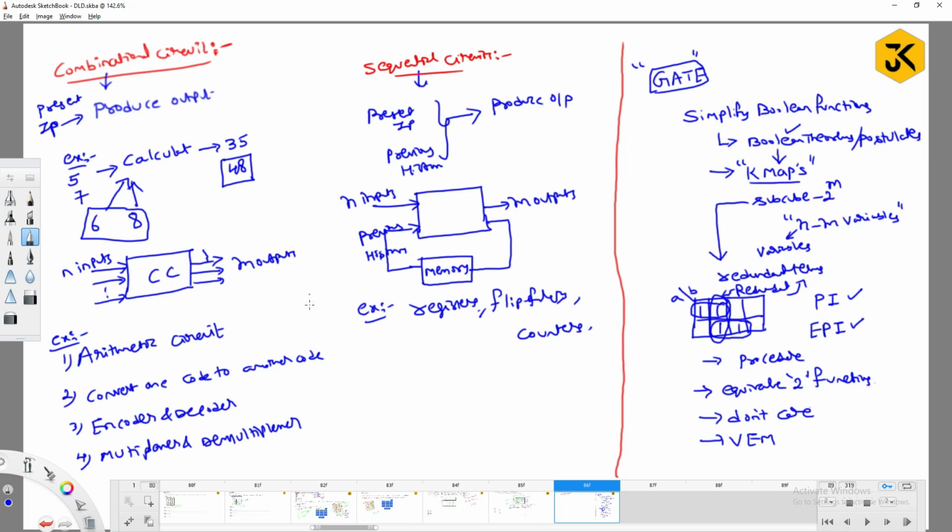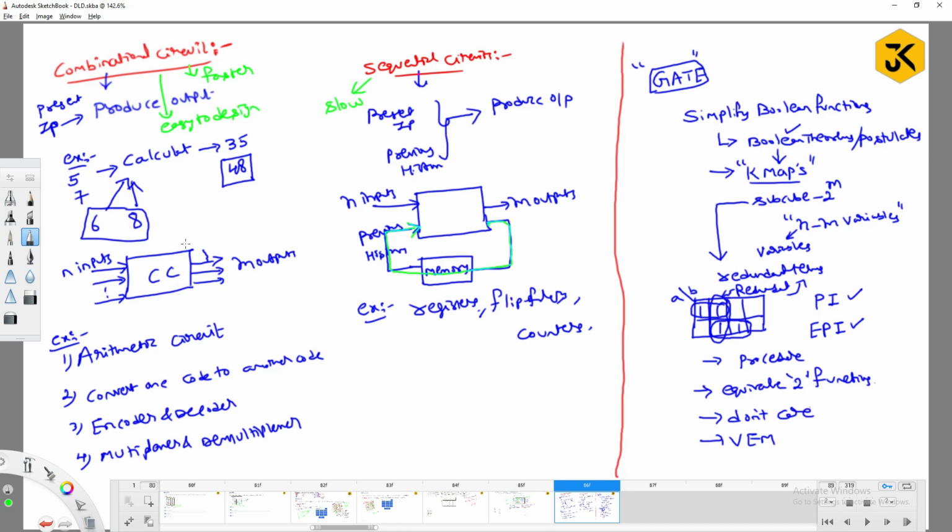Basically, guys, which one is faster? Combinational circuit is faster because it does not depend upon any previous input or previous history. Whereas sequential circuits are somewhat slow compared to combinational circuits because they depend upon previous history. And from a design point of view also, combinational circuits are very easy to design because there are no extra memory elements.